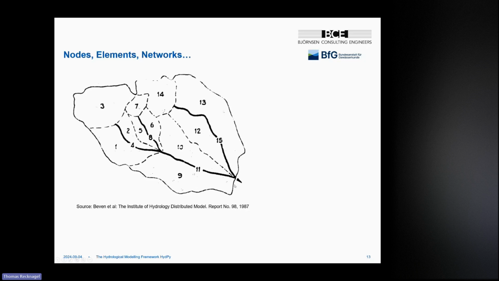Here is a really old depiction of a catchment and its subunits. Of course, we have similar structures in HydPy. If you do distributed hydrological modeling, you will end up with a network with different units. In HydPy, we call these units nodes and elements, and everything together is a network.